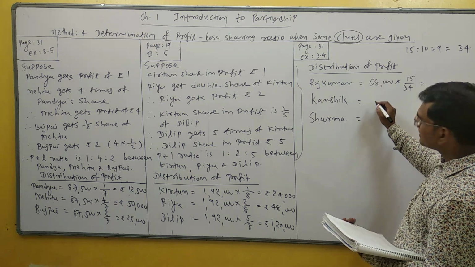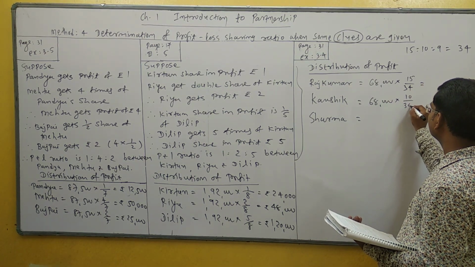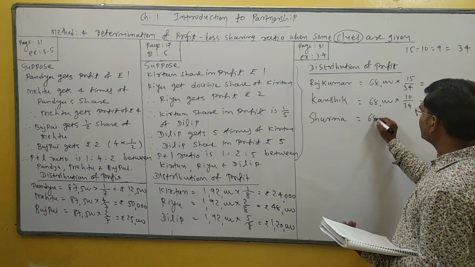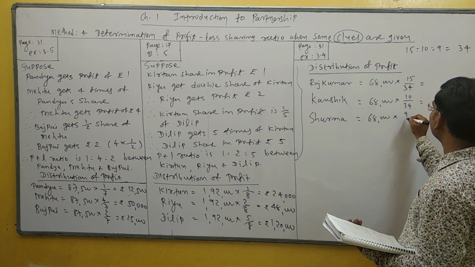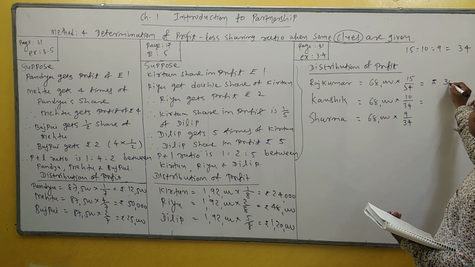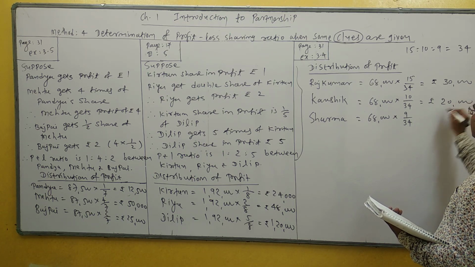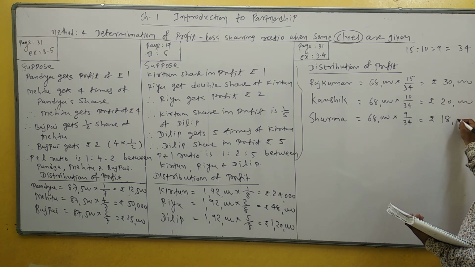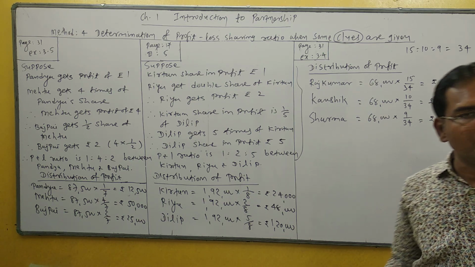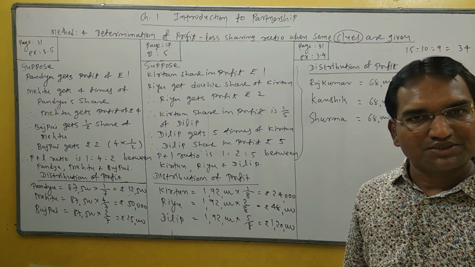Second partner Kaushik: 68,000 into 10 by 34, and third partner Sharma: 68,000 into 9 by 34. Right? So here the answer is 30,000, here the answer is 20,000, and here the answer is 18,000 according to the profit sharing ratio. Understand? Okay, thank you very much.